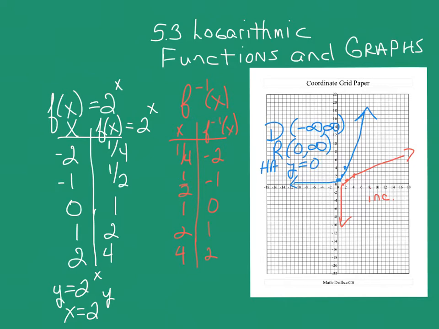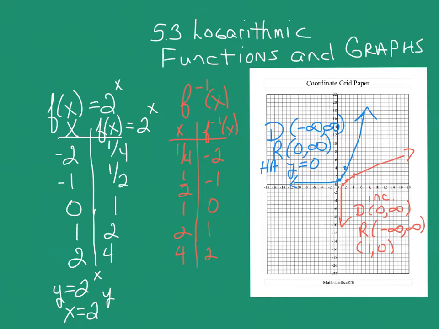Notice for the inverse function, it's still an increasing function. It's one-to-one. This time the domain is from 0 to infinity, and the range is all real numbers. This passes through the point 1, 0 instead of 0, 1.